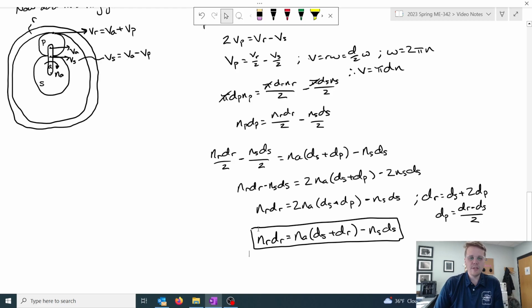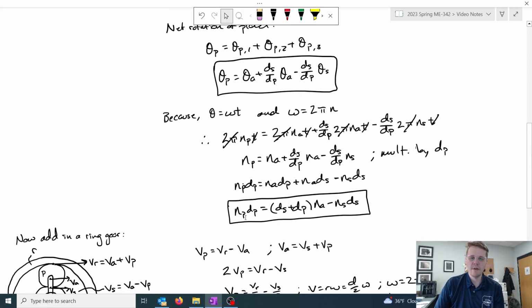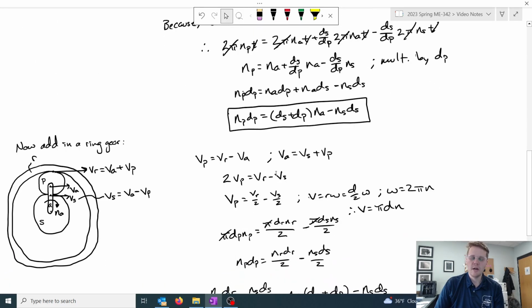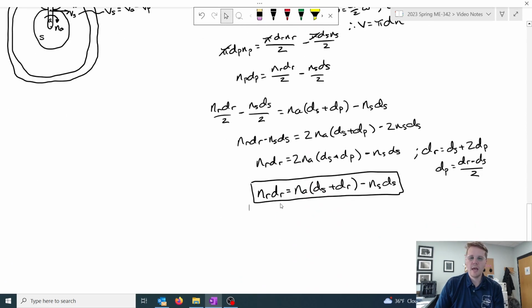So now between these two boxed equations, I have relationships for the planet in terms of the arm and the sun, and for the ring in terms of the arm and the sun. This doesn't disagree with the way I presented this before in the matrix form. It's just another way to represent these relationships and see how these various things work together. All right, thanks.